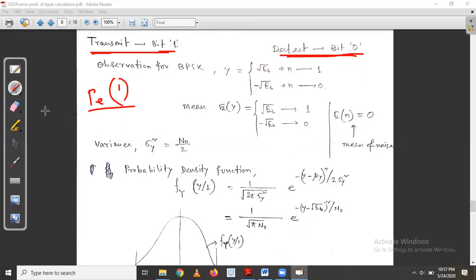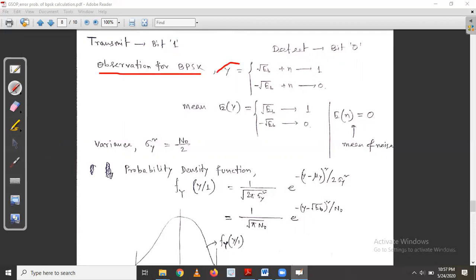Okay, to do that, we have to start in this way. Observation for BPSK, that is Y, is plus root of Eb or minus root of Eb, plus noise term, for 1 or 0. Mean of the observation is this. Already we have discussed for 1 and for 0. Mean of noise is 0.